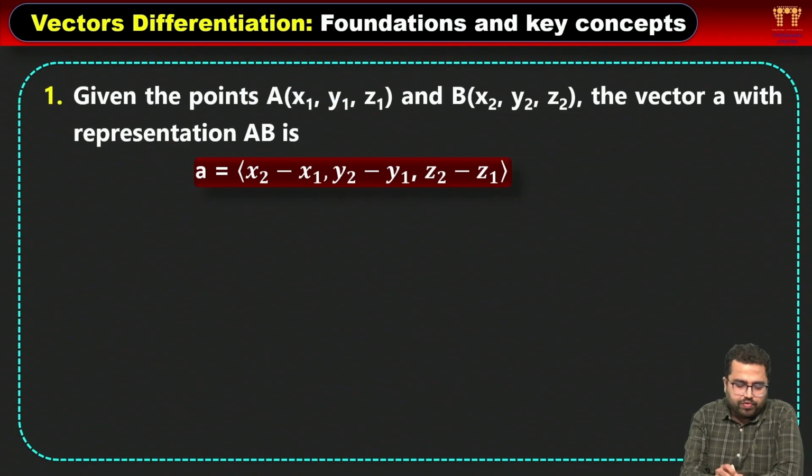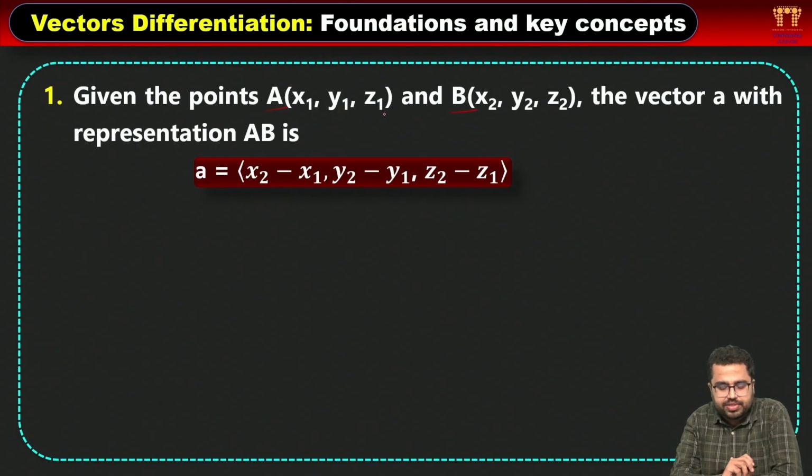Now if two points are given, these are 3-dimensional points. A has coordinates x1, y1, z1 in 3-dimensional space, and B has x2, y2, z2.